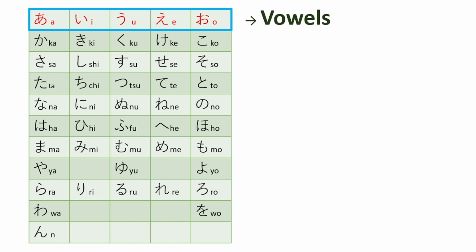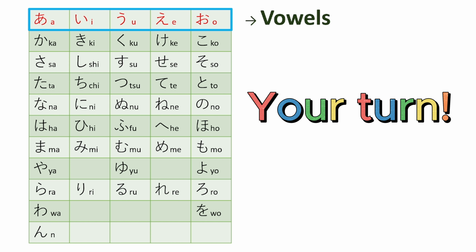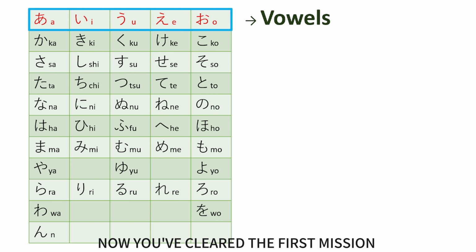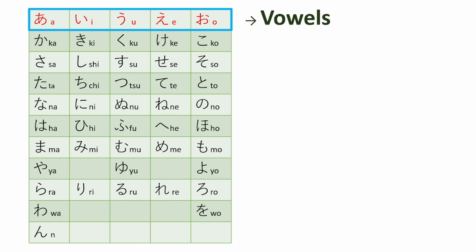A, I, U, E, O. Great! Now you've cleared the first mission with the 5 vowels. Let's continue.